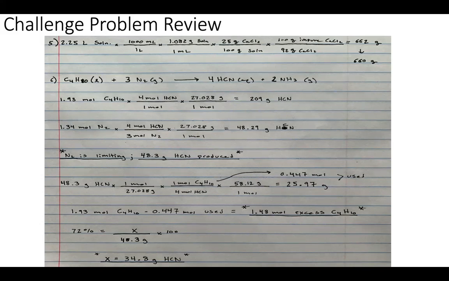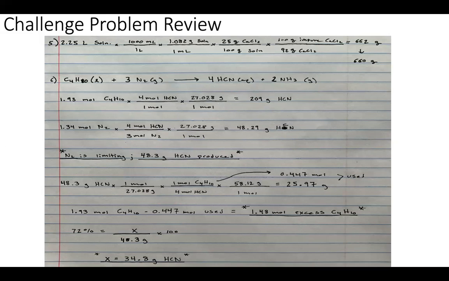This goes to 4 cyanic acids. And remember, acids are always in your aqueous state, so that's how you know that HCN should be in the aqueous state. And then we have 2 gaseous ammonia particles as the other product. And remember it's ammonia, NH3, not ammonium, NH4+.